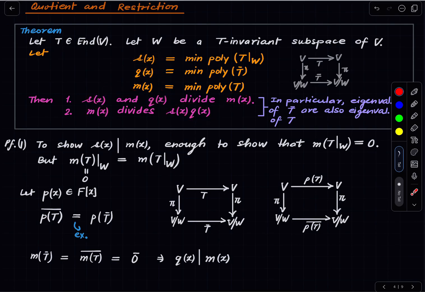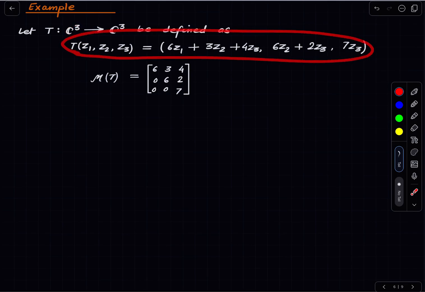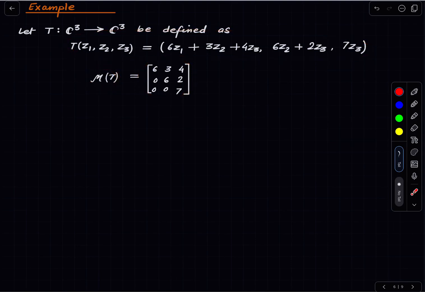Okay. So as an example, let us compute the minimal polynomial of this particular endomorphism. It is an endomorphism on C^3, defined in this fashion, and its matrix with respect to the standard basis is equal to that. So what is the minimal polynomial of this is the question. First define W as the span of e1, and note that W is T invariant.